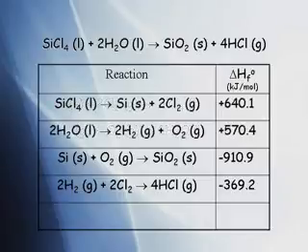In this slide, we see the next step. We've got the coefficients all matched up, but now we need to make sure that what's on the reactant side in the reaction equation is also on the reactant side in our enthalpy of formation equations. So there are 2 equations that we need to flip here, and the 2 are: the first one, SiCl4 yields Si plus 2Cl2.